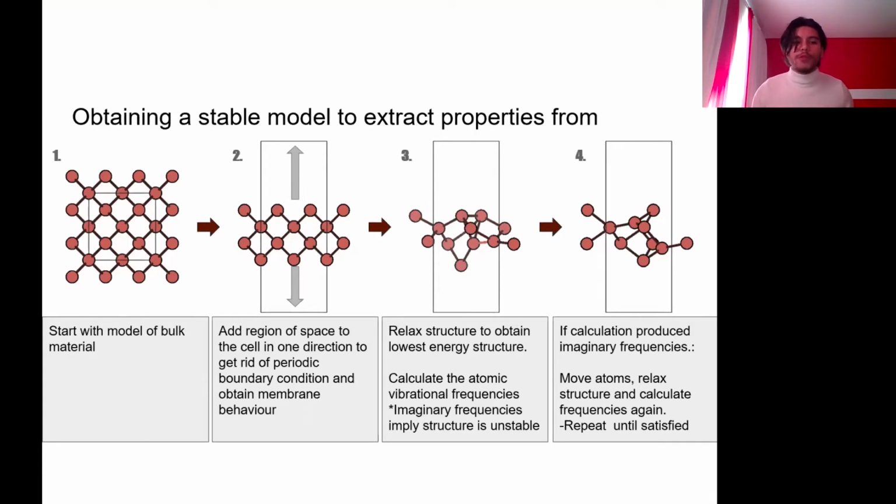First, we would start with a model for a bulk material, after which we would add a region of space to the cell in one direction to get rid of the periodic boundary condition in that specific direction and obtain membrane behavior. After that, we would relax the structure to obtain the lowest energy state of that structure, then calculate the atomic vibrational frequencies, which would give us an idea of how stable the structure was, with imaginary frequencies implying that the structure was unstable. If the structure wasn't stable, we would move on to the next step. If not, we would stop there.